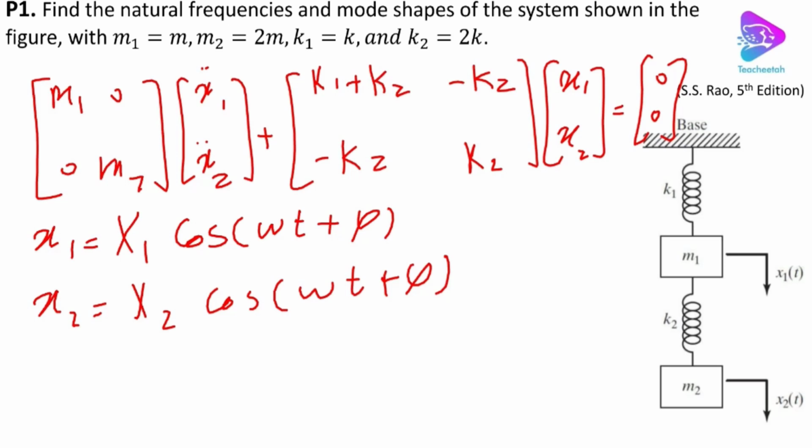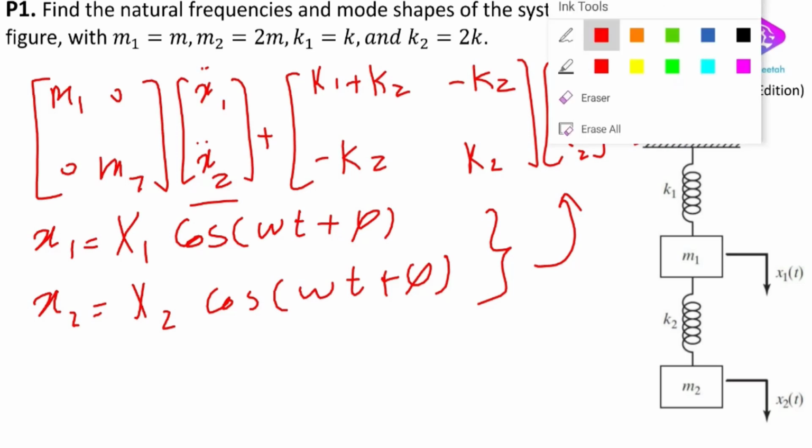For now, we could simply use these 2 equations, take the second derivatives and plug into the above equations. What we end up with is a matrix for which we should set the determinant equal to 0.